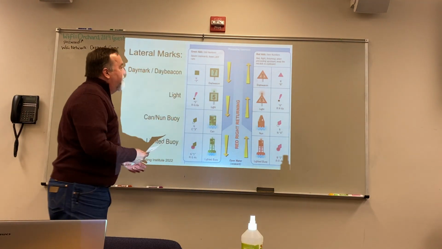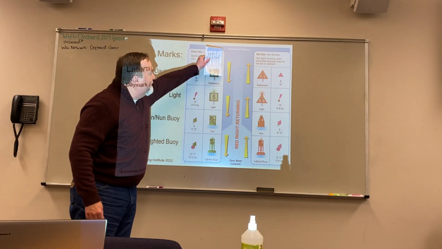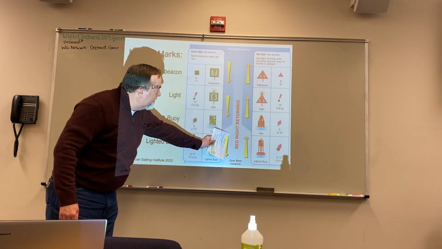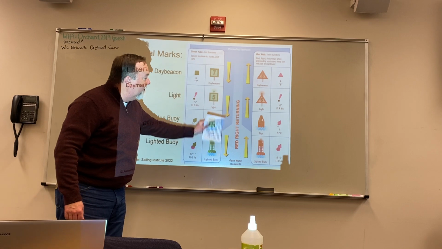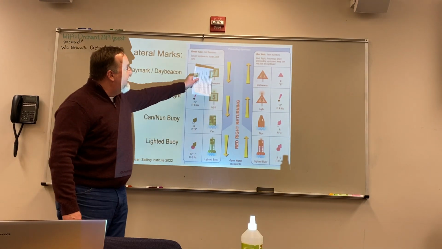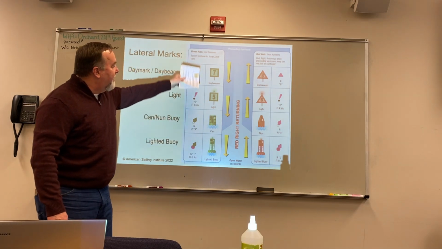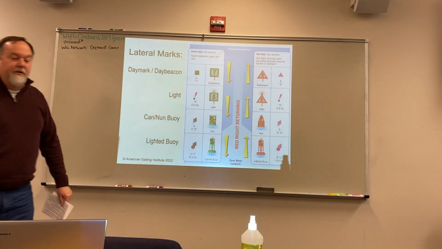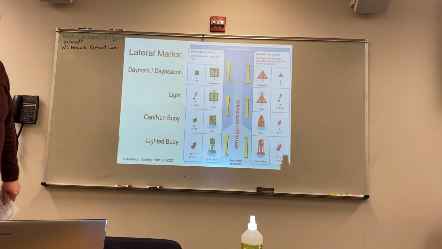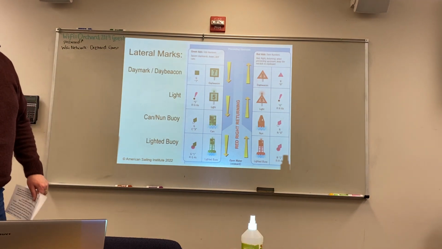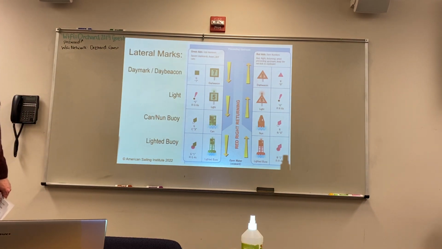Red would be on the right if we're heading out, in this case south on Lake St. Clair, or heading south out of a channel or a marina going out to larger water. Then our lateral aids would be green on the right if we're going from a smaller body of water to a larger body of water, or downriver or out to sea.